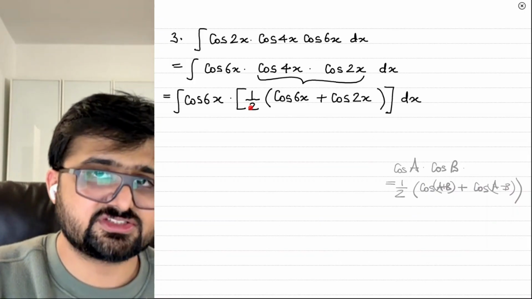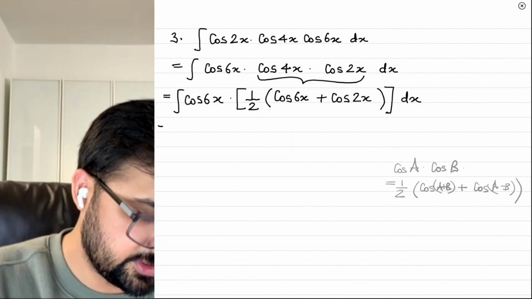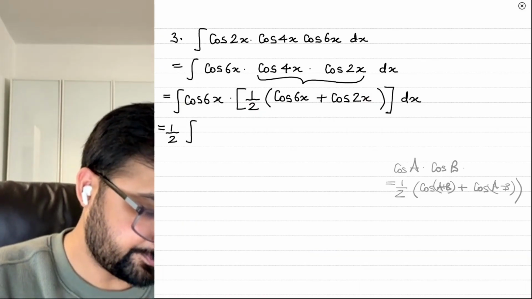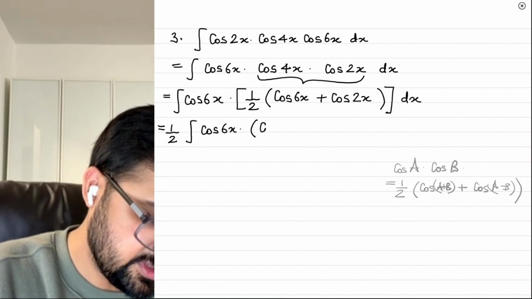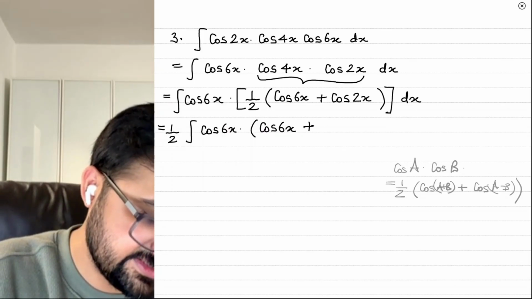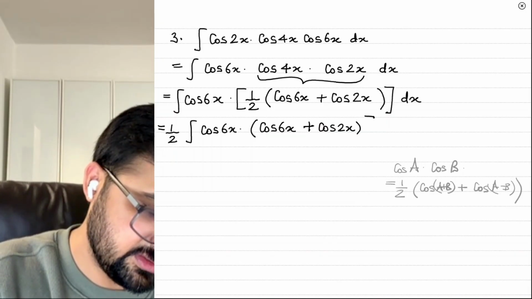Take that half, which is the constant in the integration, out. So you get half integral of cos 6x times cos 6x plus cos 2x, with respect to x.